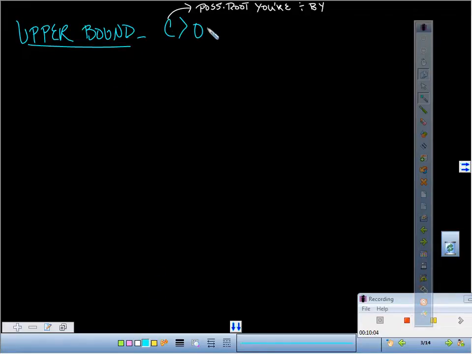All right, so if I'm looking for an upper bound, C has to be what kind of a number? Positive. Thank you. Greater than 0 is a positive number.